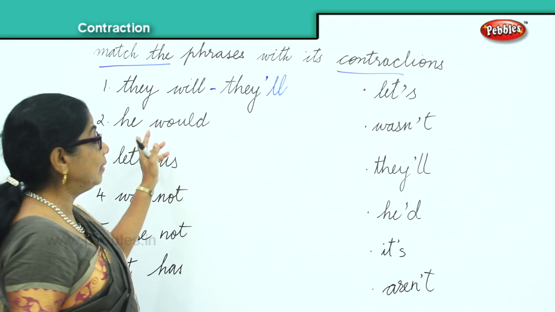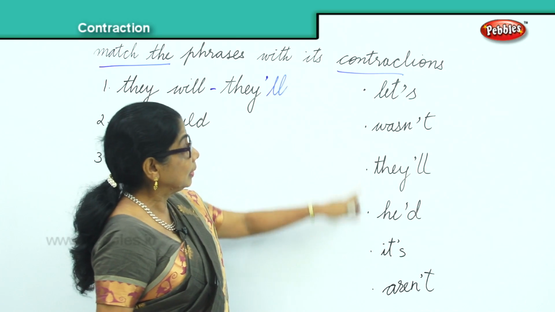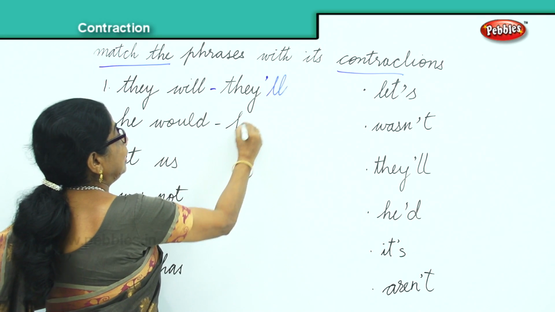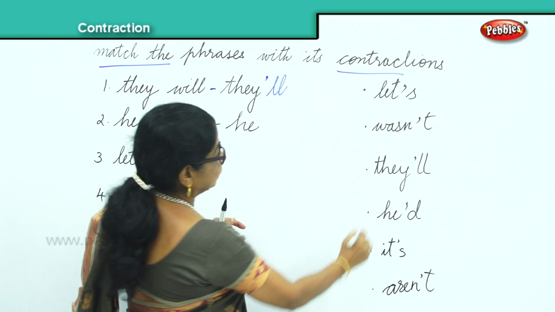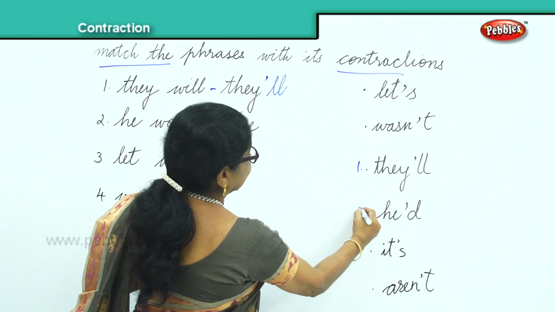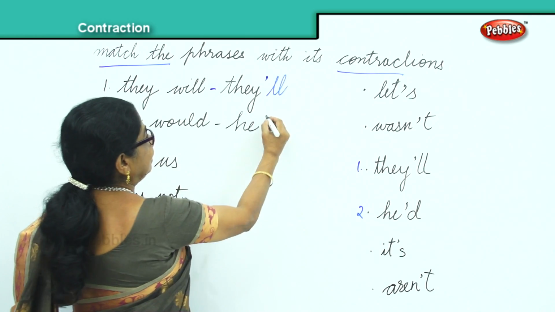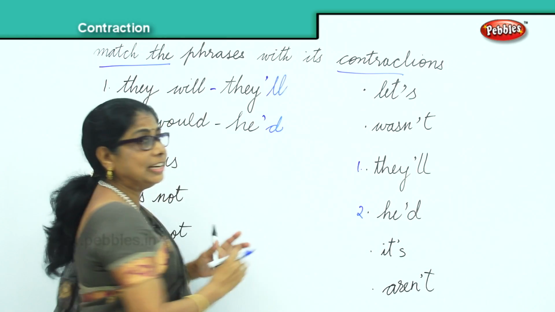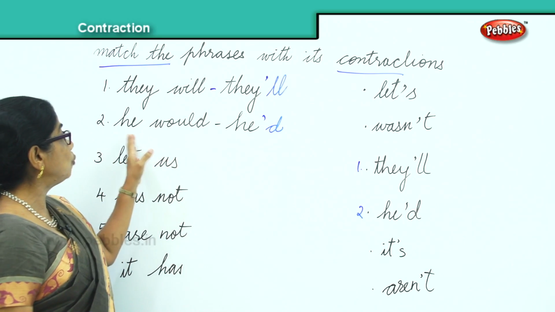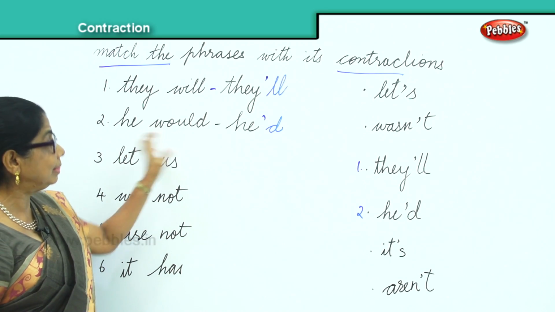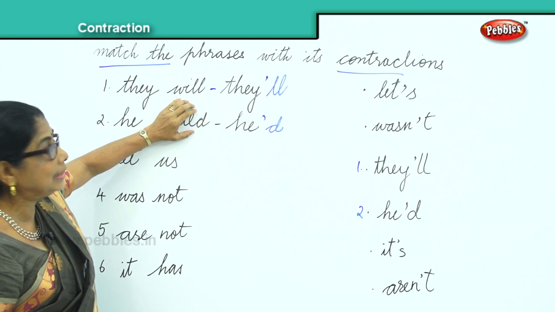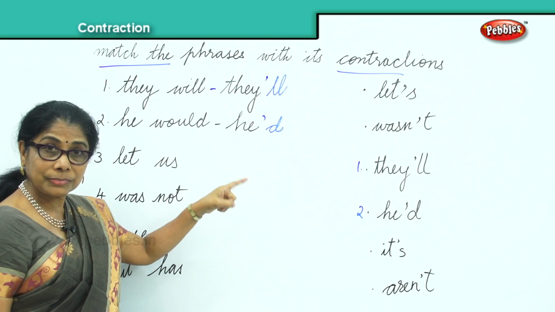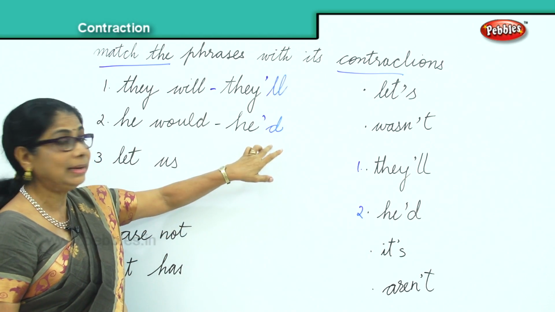The next we have he would, so you will write he, and then you write only the D. This is different from what we have done so far. We have not done they would, and you only write D.